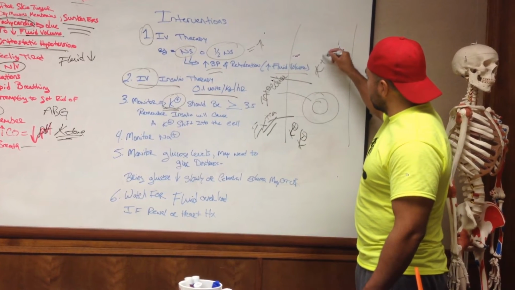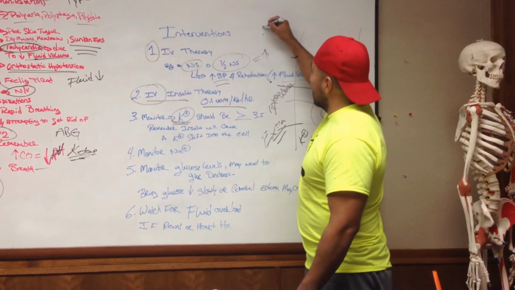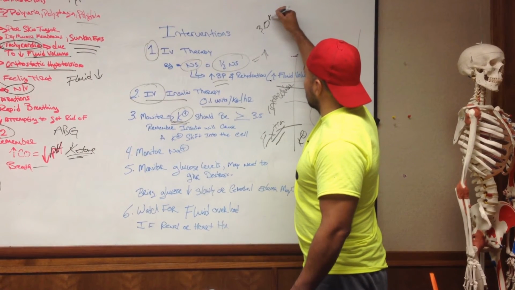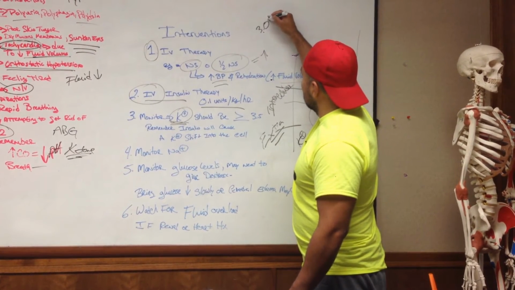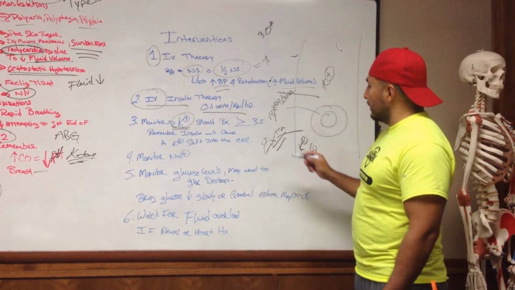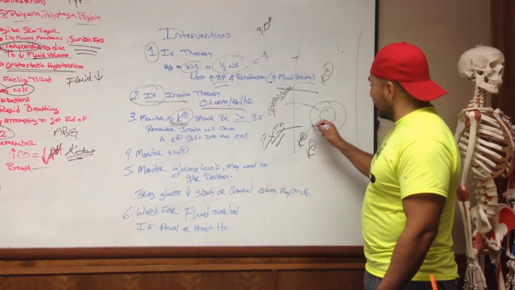It is everywhere. So let's say that the patient is already hypokalemic. Maybe their potassium level is 3.0. Okay? So they're hypokalemic already. You give them insulin. Once you give them insulin, potassium is going to move inside the cell.